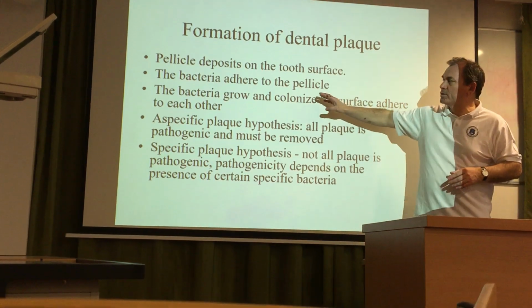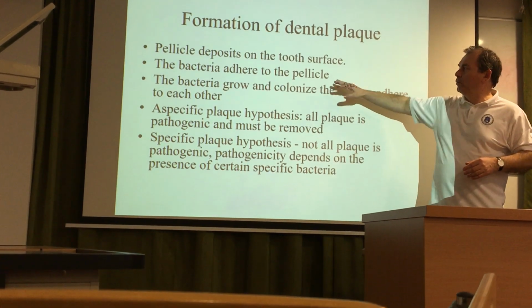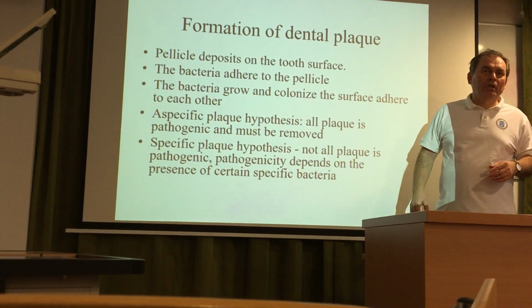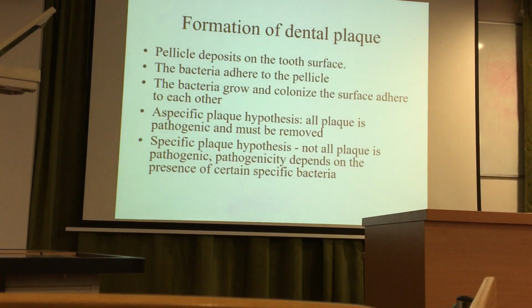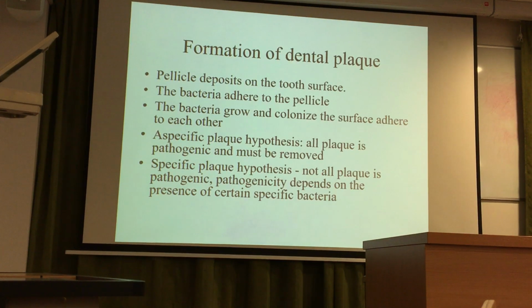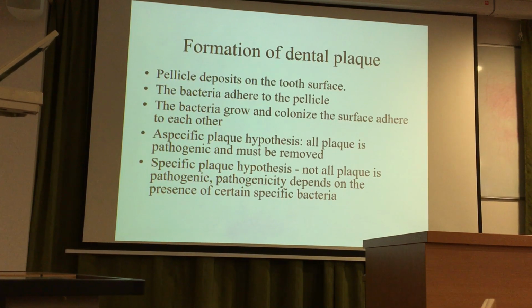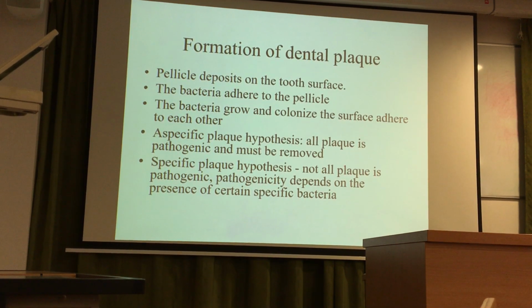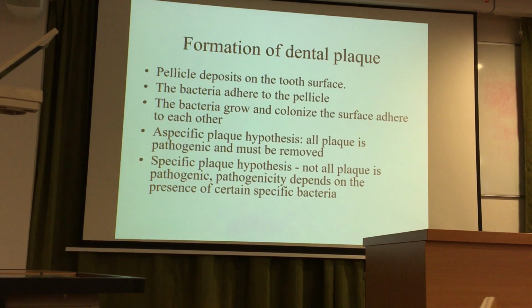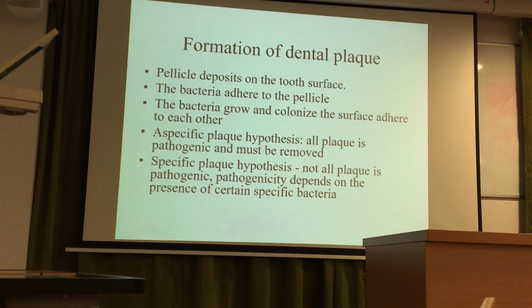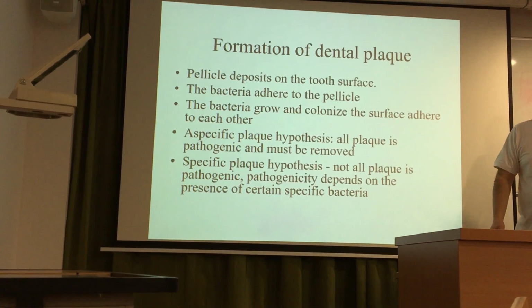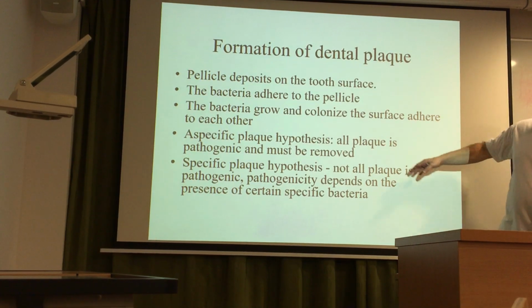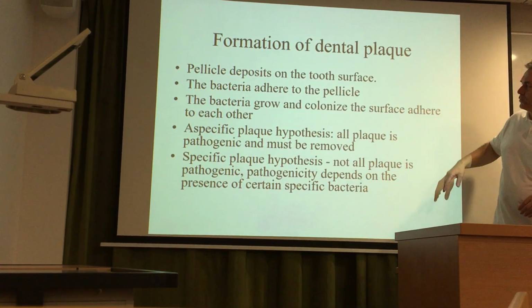In the pellicle we have large negatively charged macromolecules, and the bacterial wall is usually positively charged, so there is an adhesion between the bacterial wall and the glycoprotein content of the pellicle.